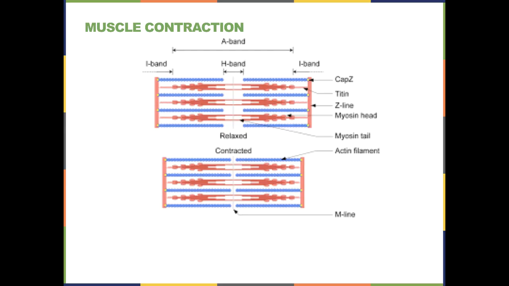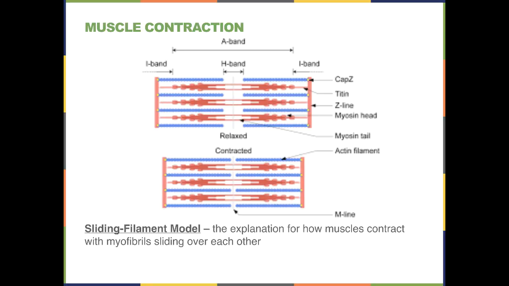Now, muscle contraction occurs in a model known as the sliding filament model. And this is an explanation for how muscles contract with one set of myofibrils sliding over the other. And we will go over this in detail in the next several slides.